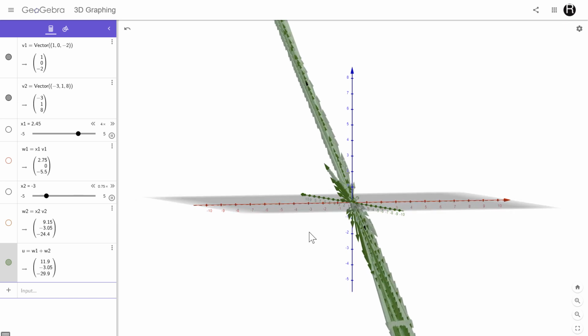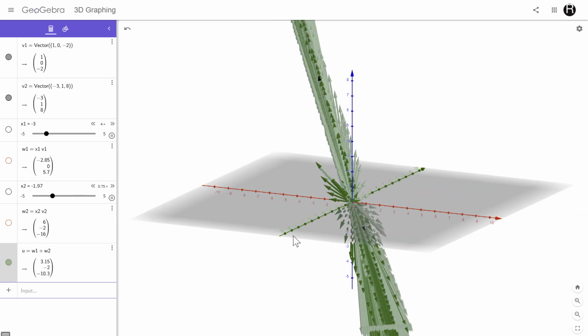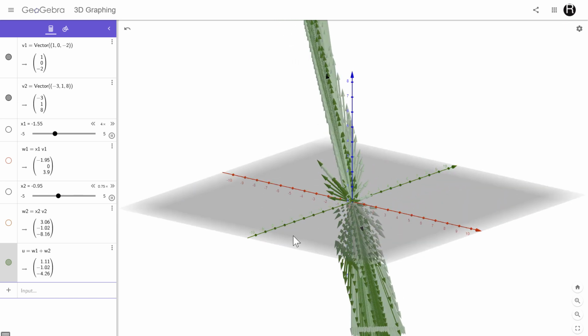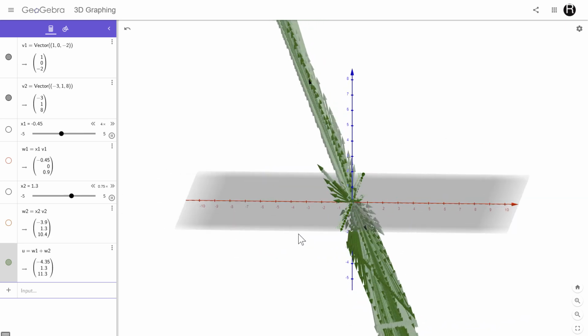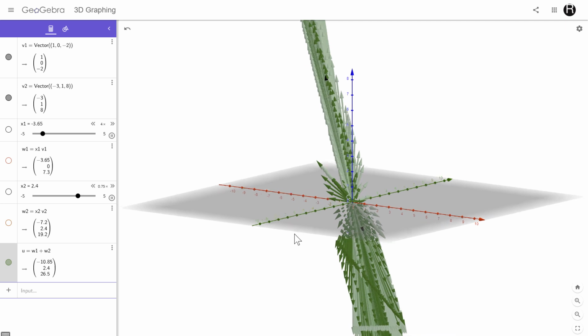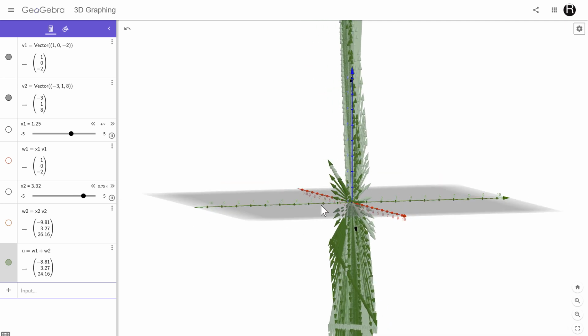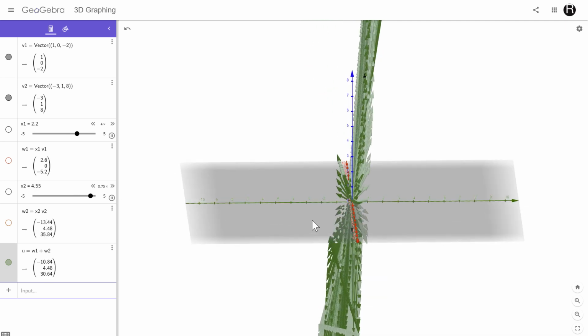But from that angle, if we change the angle, it looks like it's more of a plane. So in fact, what's happening here is that the span of 2 vectors is going to generate a plane.